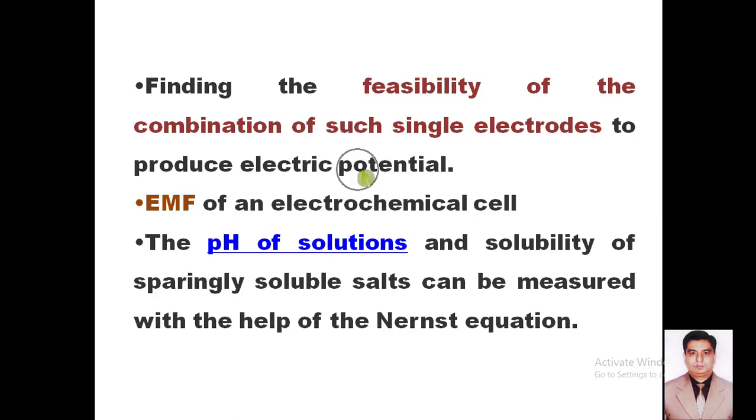This application means that by applying the Nernst equation, we can find out whether there is any feasibility of combining single electrodes to produce electric potential, or you can say that with the help of the Nernst equation we can find out the electromotive force of an electrochemical cell by applying two different electrodes.